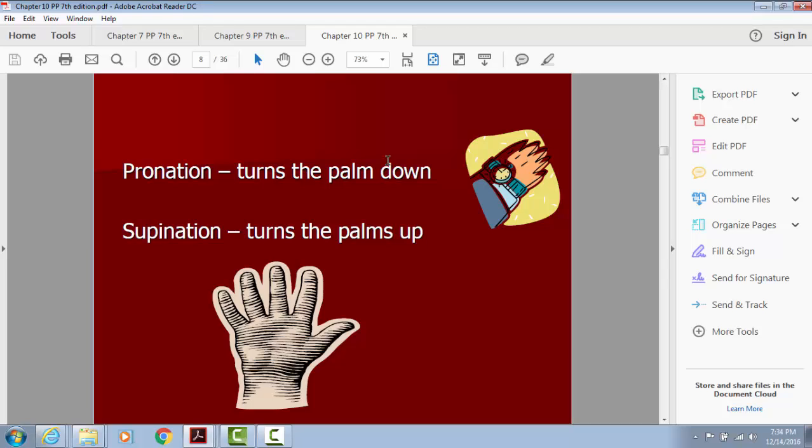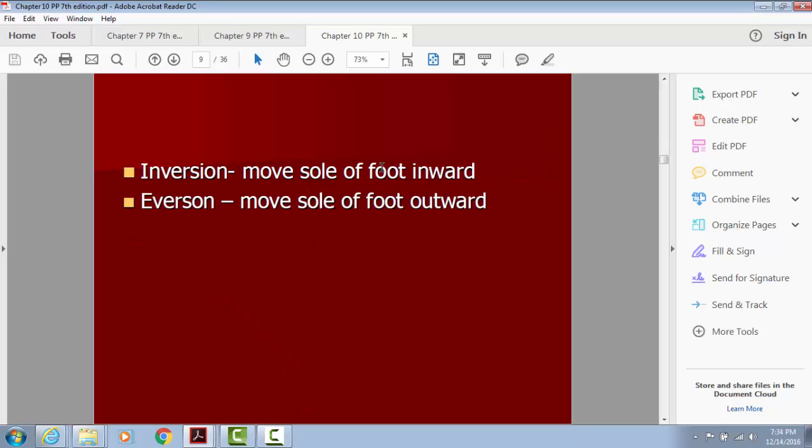Pronation and supination. Pronation is turning the palms downward, and supination is turning the palms upward. Inversion and eversion, if you look at the example there, it shows the foot, and eversion is rolling the sole of the foot outward.